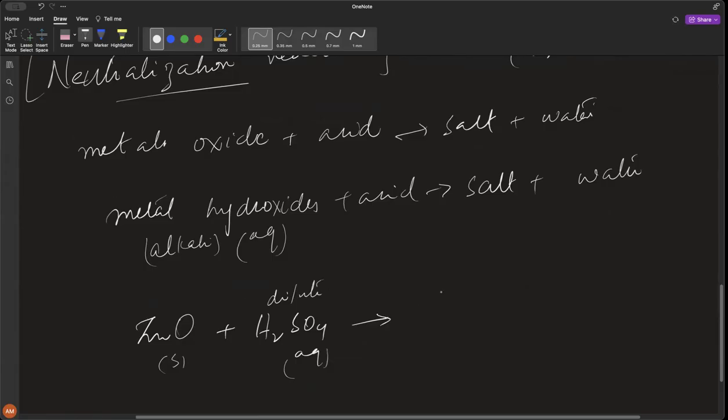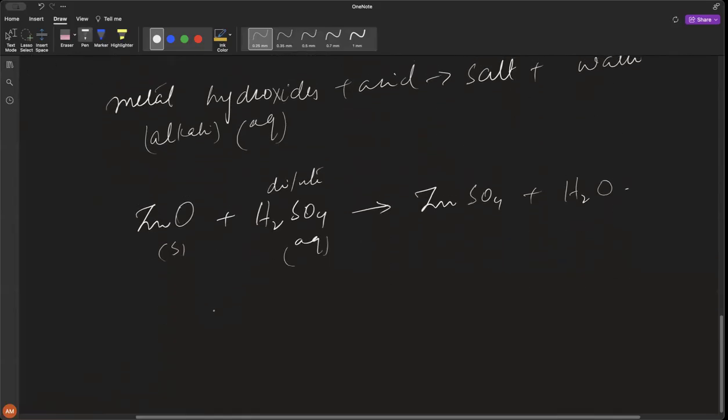We're going to get zinc sulfate plus H2O. Right? Okay. Similarly, this is metal oxide.